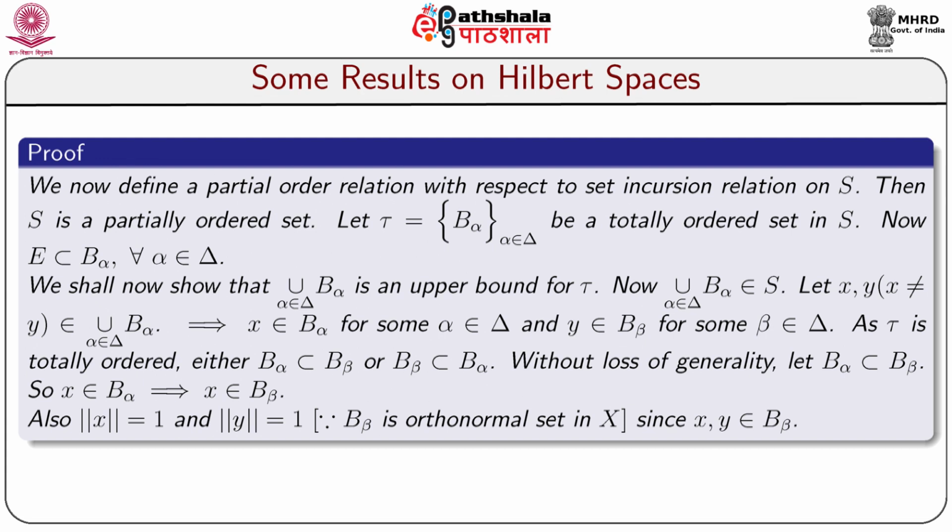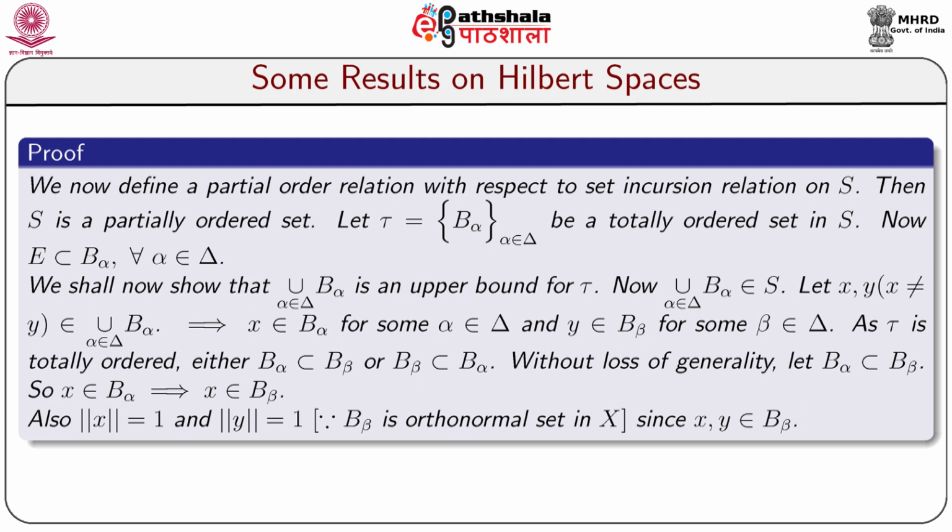Now, the union of B alpha belongs to S. Let x, y, where x not equal to y, belong to the union of all B alpha. This implies that x belongs to B alpha for some alpha in delta, and y belongs to B beta for some beta in delta.